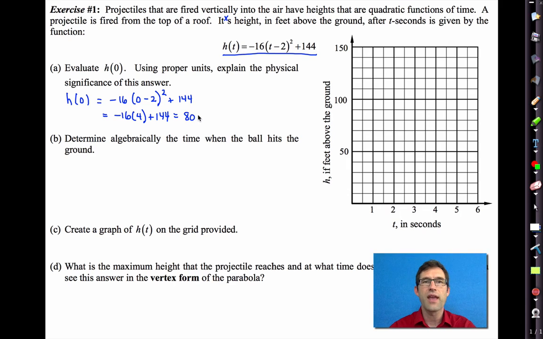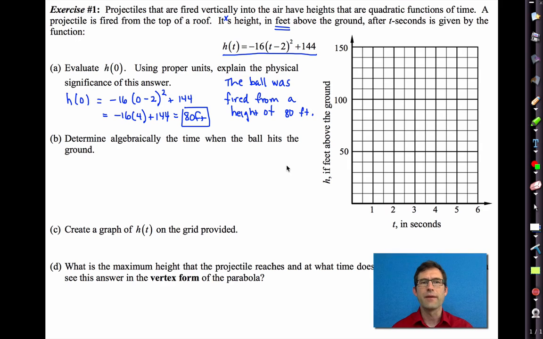But we end up having 80. 80 what? 80 feet. So there's our h of 0. But what's the physical significance? The ball was fired from a height of 80 feet.